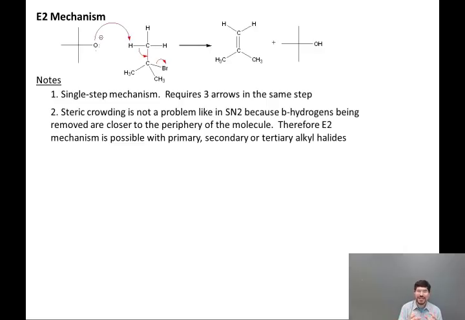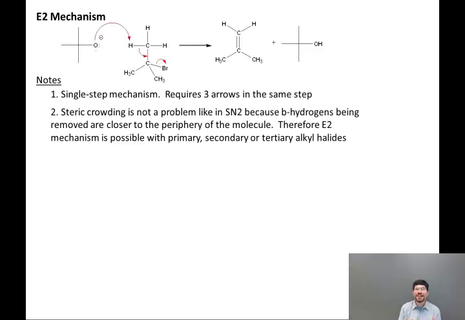But as we are seeing here, a tertiary alkyl halide can undergo an E2 reaction, because the O- in the base simply has to bump into one of the hydrogens that's on the outside. It doesn't have to wiggle its way into the back side of the carbon containing the leaving group.